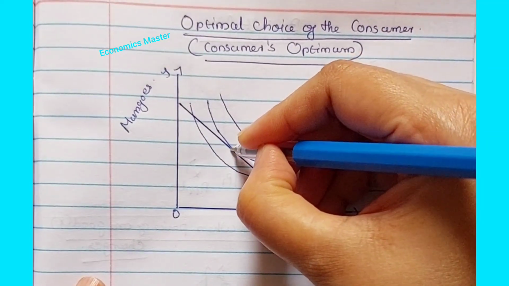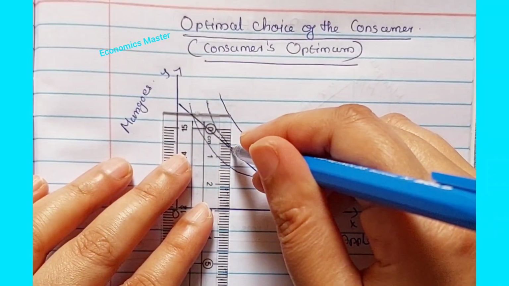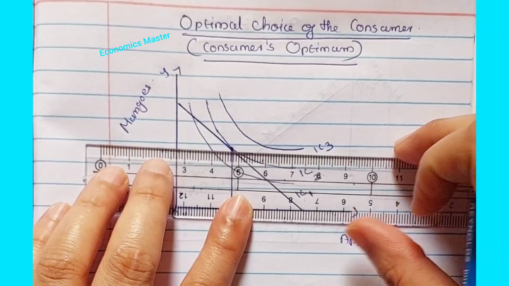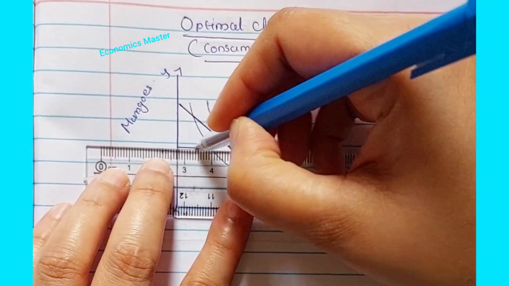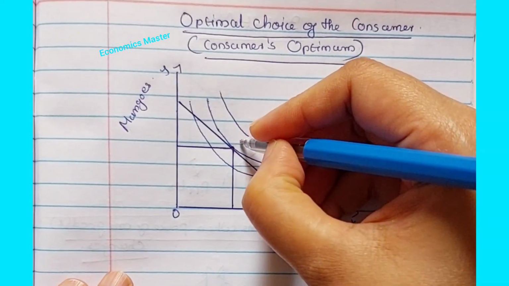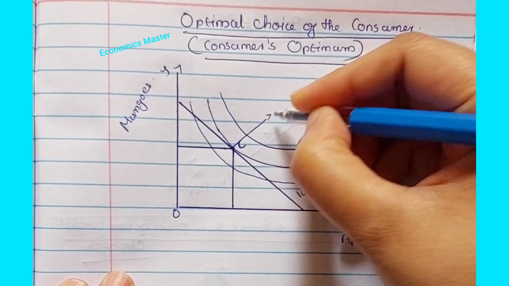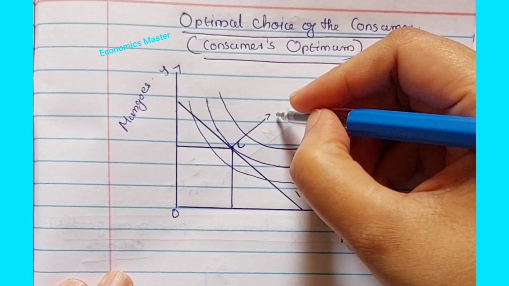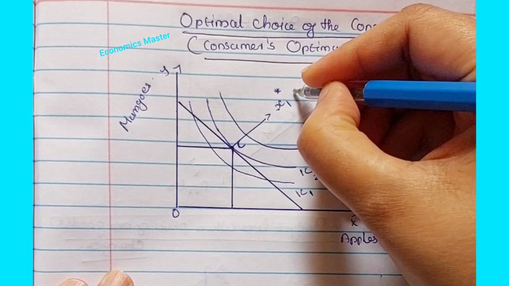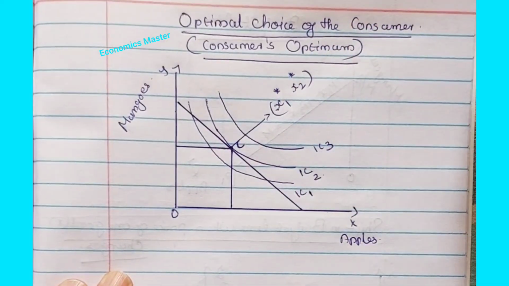Consumer's optimum is at the point where the budget line is tangent to an indifference curve. Here, point C, where the budget line is tangent to indifference curve IC2. C is the consumer's optimum, where the slope of the indifference curve, MRS, and the slope of the budget line, the price ratio, are the same.